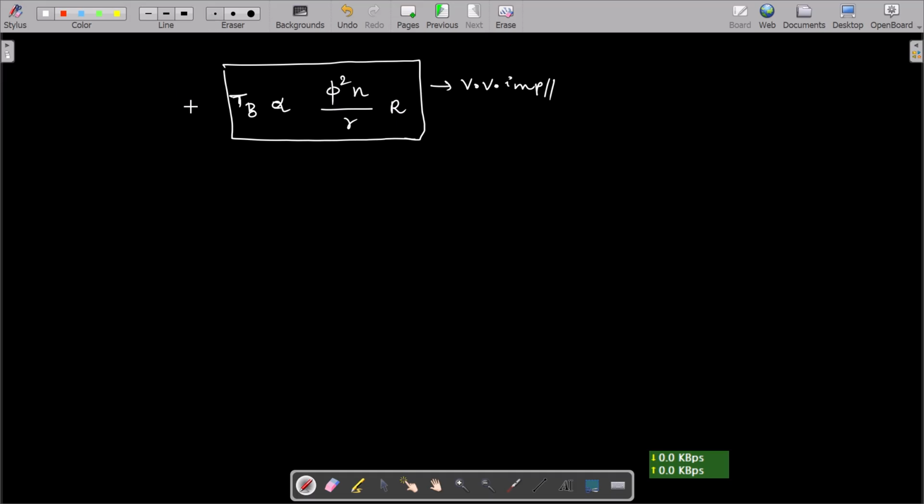Now if the radius of the disk is constant, it will not change once the energy meter is designed, then we can write TB will be proportional to phi square N. Now add one proportionality constant, TB will be equal to K3 phi square N.